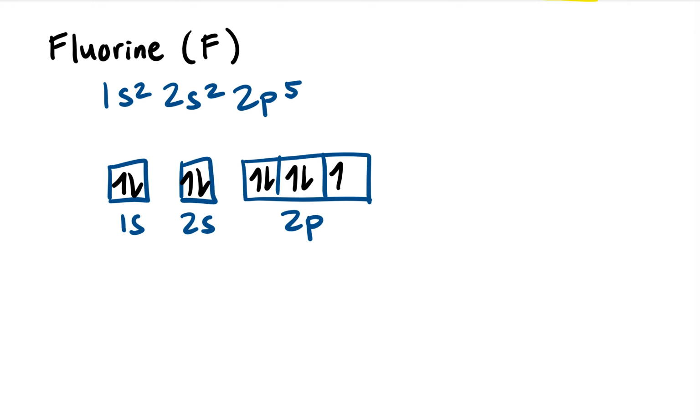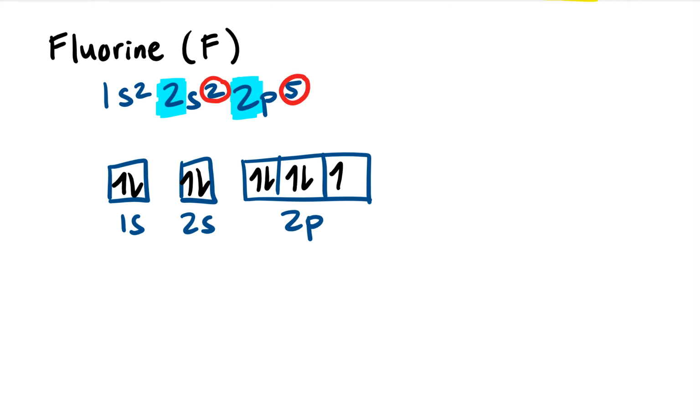Now, is fluorine a stable atom? Look at the electron configuration. Let's determine the number of valence electrons present in an atom of fluorine. Locate the highest occupied energy level. That means look at the coefficients. The largest coefficient is the number 2. So look at the number of electrons located in that second energy level.